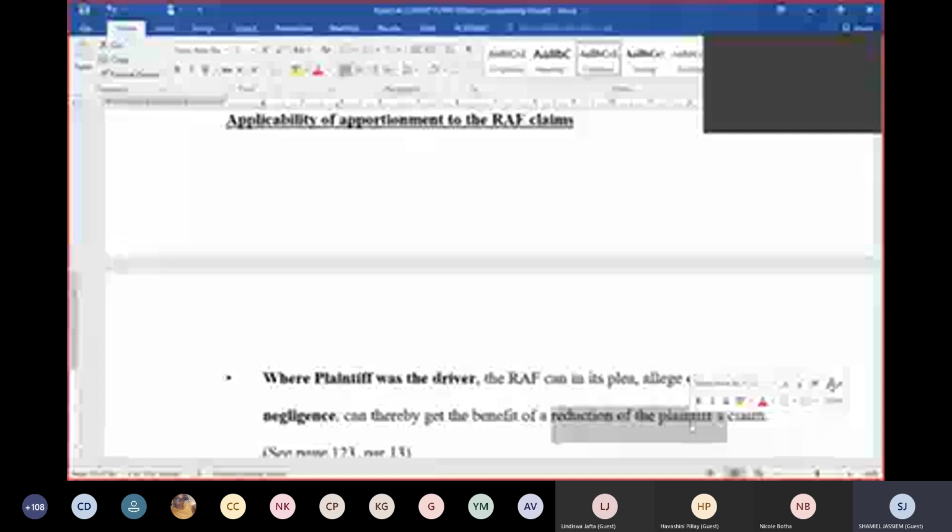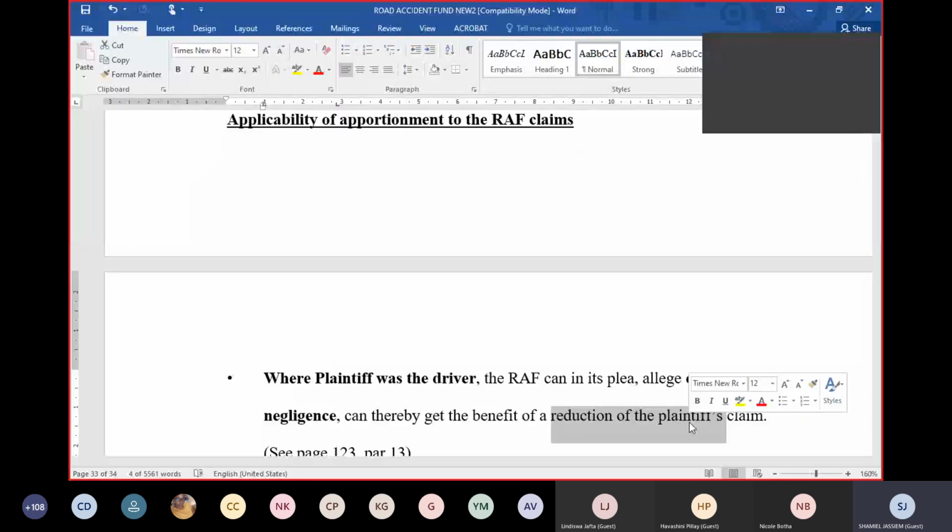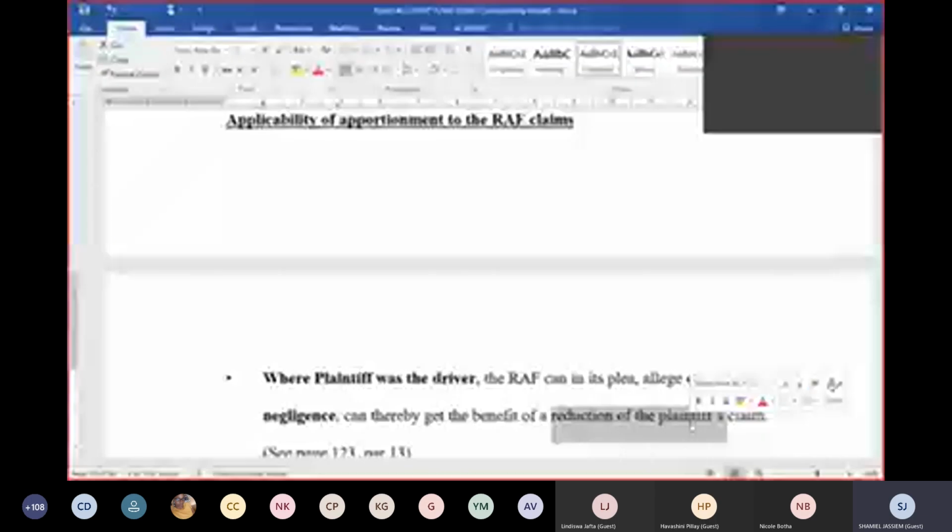So the plaintiff is my passenger in a personal capacity and the minor child duly assisted by the guardian who is also the plaintiff. We must now give advice to the RAF as to how we can get some type of contribution from the lady who was the passenger.